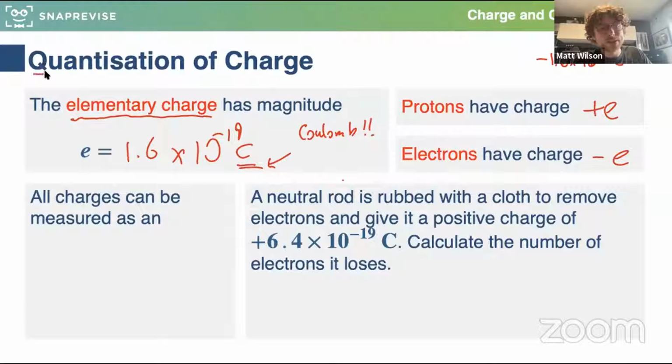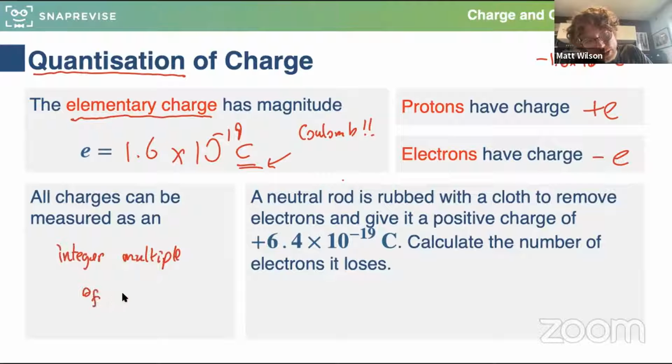Now, the quantization of charge rule says that whenever something is charged, it's because it has a load of extra elementary charges or a load of missing elementary charges. Therefore, any charge you see can be measured as an integer multiple of e.